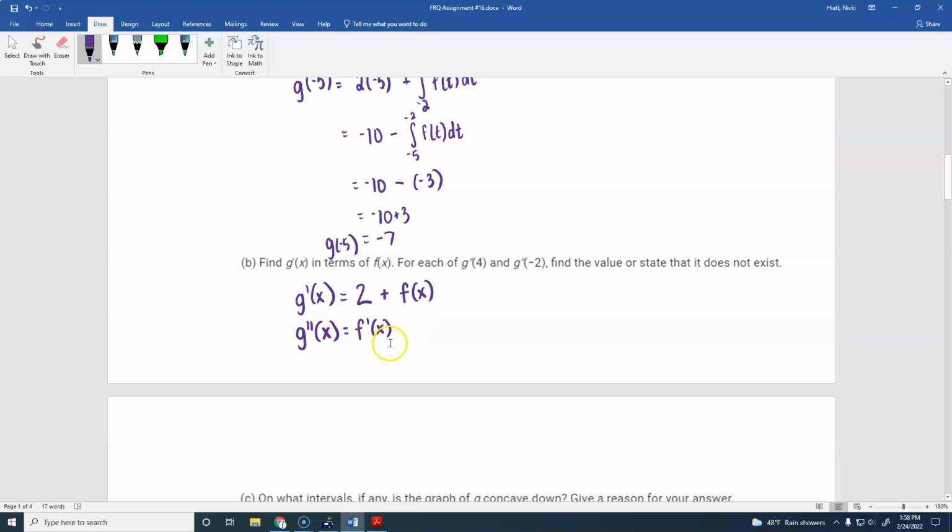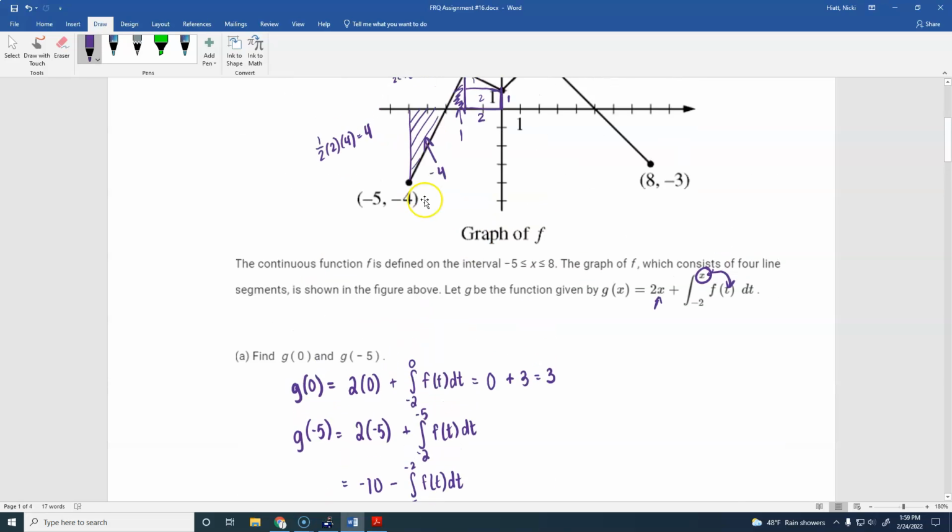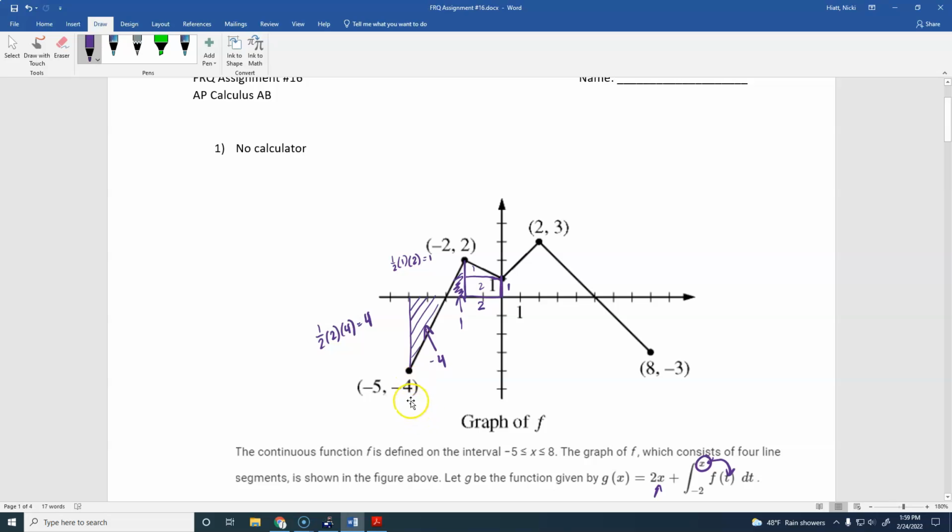So, if I'm looking at g double prime of 4, first of all, what we need is the slope of f at 4. So, if I go up here to the graph, at 4, right here, it's going to be whatever the slope is between these points, which I think is -1.